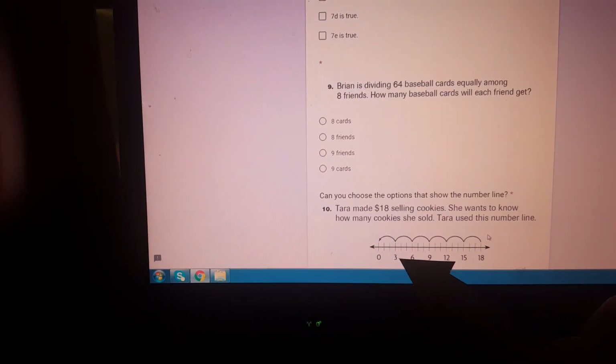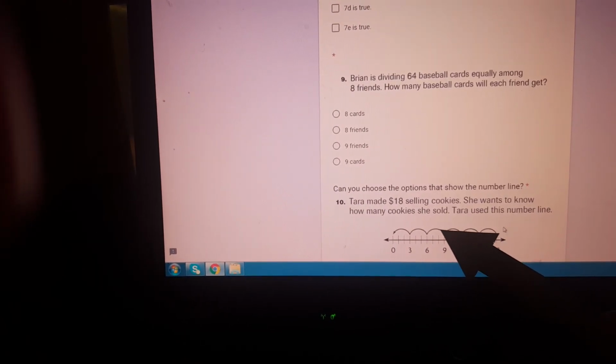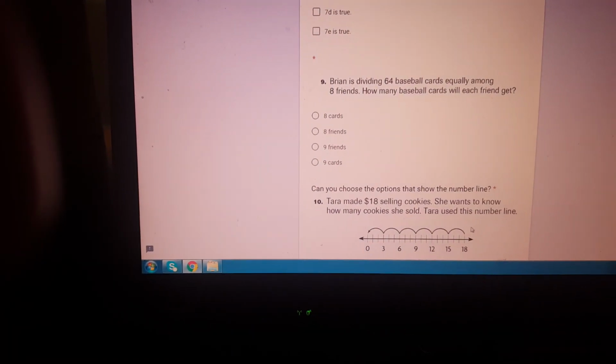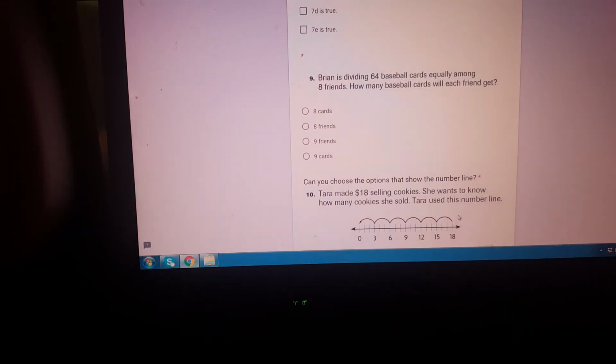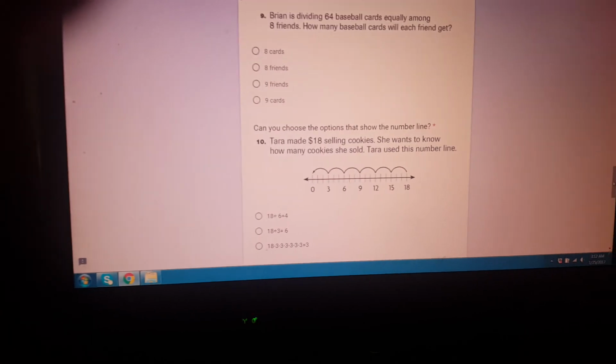So here's the number line. It looks like the arrows are jumping backward. There's a backward symbol right there. And you can choose any 3 of these options.